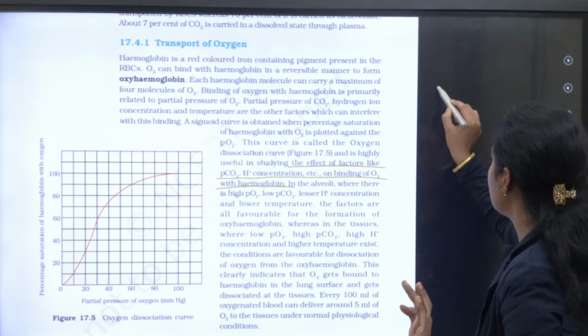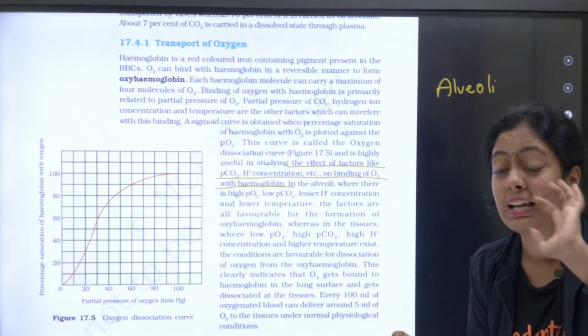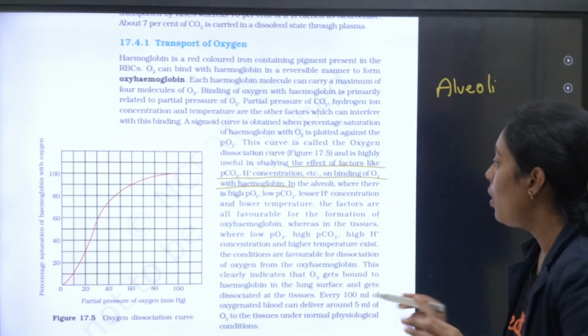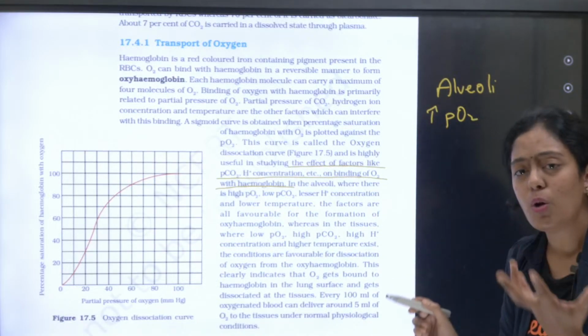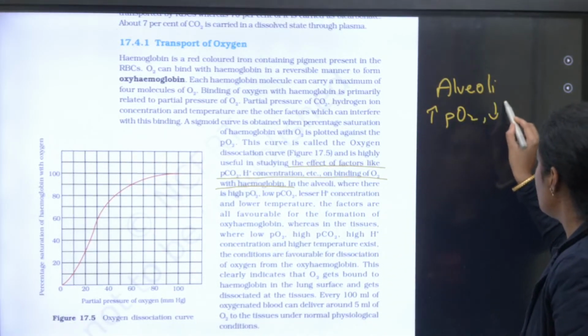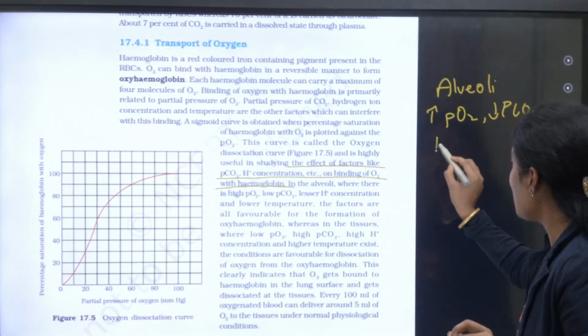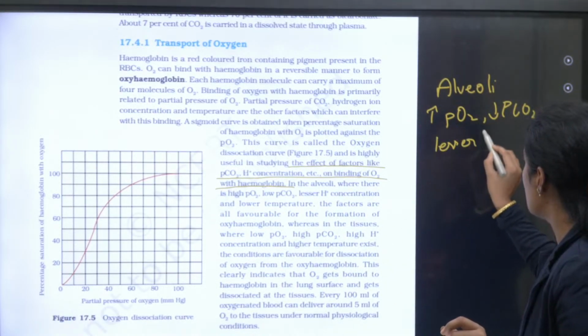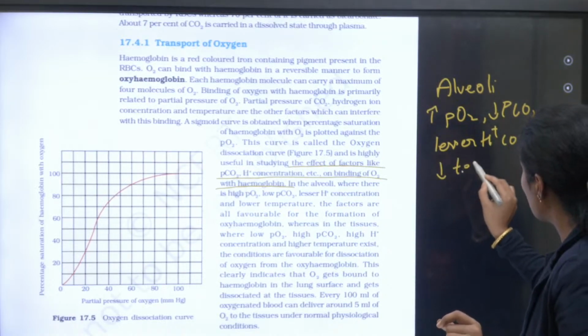Okay, so first let's try to understand the alveoli. How is the condition in the alveoli? In alveoli there is high PO2. Obviously when PO2 is high, how will the CO2 be? The PCO2 will be less. And it has less H plus concentration and lower temperature.